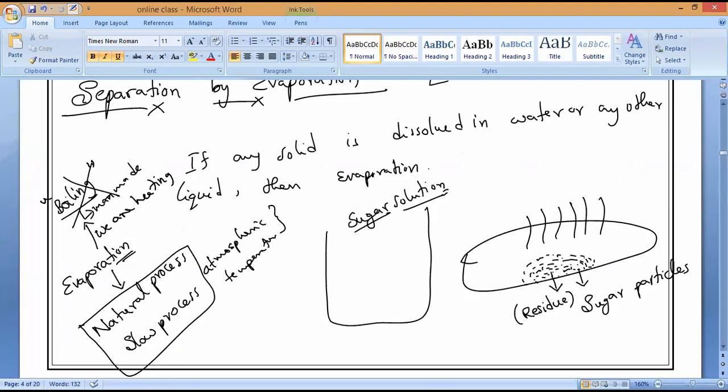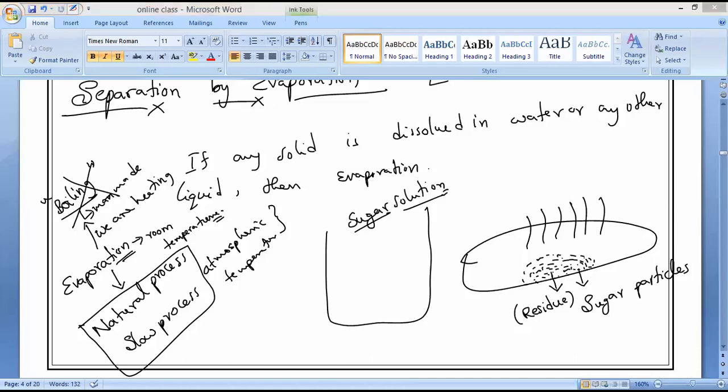Boiling. So basically evaporation will take place at all temperatures, even at room temperature. But if you want to increase the rate of evaporation, you can use additional heat also. That is what you have to remember.